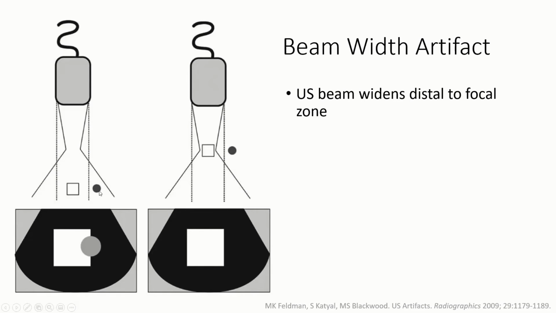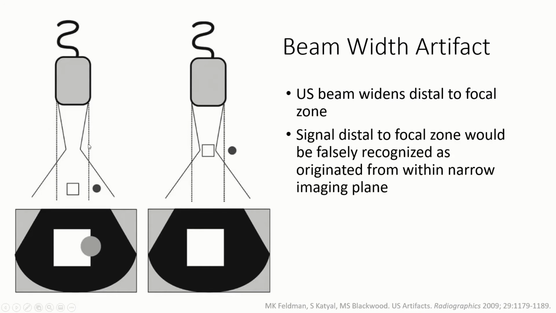When we have a structure here, it is perceived as if the signal is coming from the narrow main beam. So a signal distal to the focal zone could be falsely recognized as originating from within the narrow imaging plane.